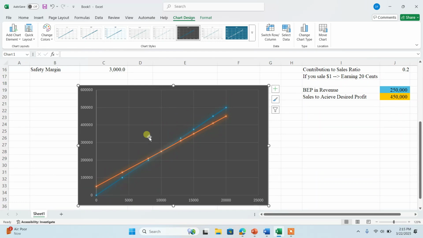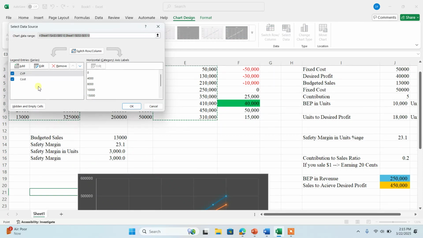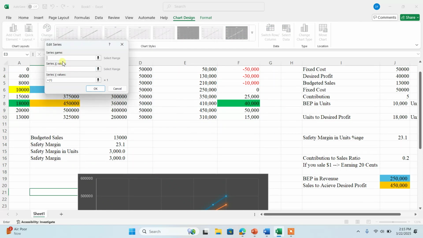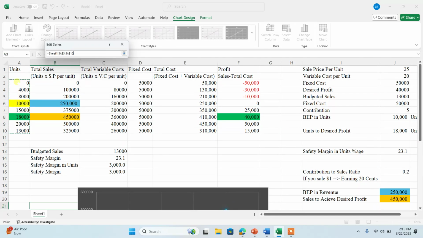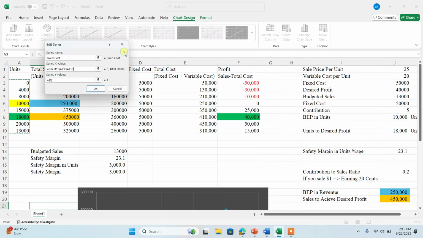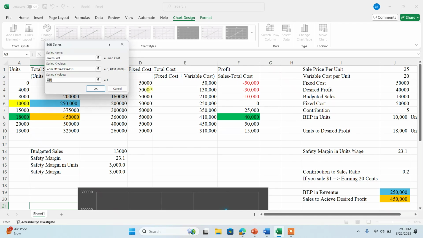And if you want to put the fixed cost also, suppose you want to put the fixed cost on the graph. Again, x-axis is 0. Fixed cost will remain the same, whether you are producing 0 units or 10,000 units or more.